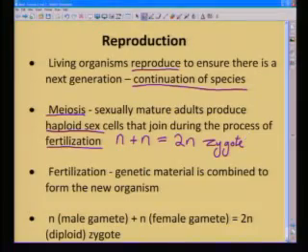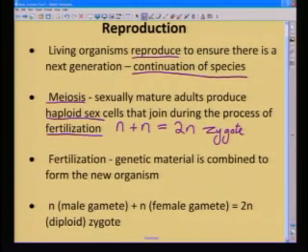All right, fertilization, what do we have? It is where genetic material, now please take note, genetic material is combined to form a new organism. Any variations are going to be here within this genetic material and take place during prophase 1 of meiosis. Why?